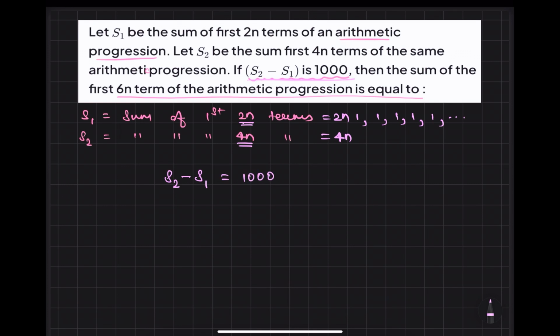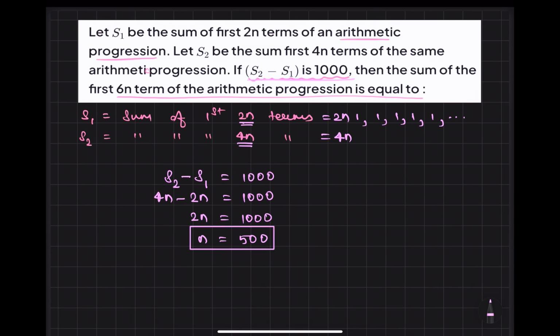S2 is 4n, S1 is 2n, so 4n minus 2n equals 1000. So we got 2n equals 1000 and we got n as 500.